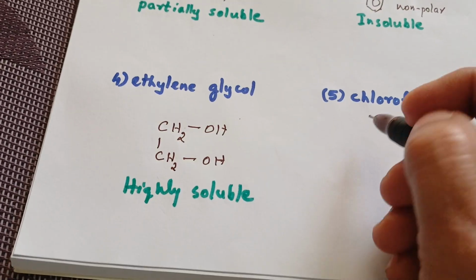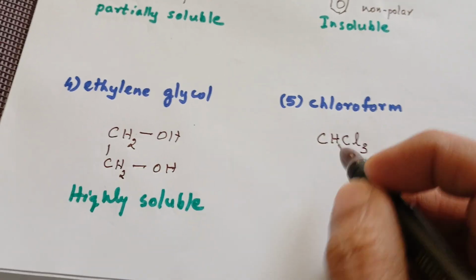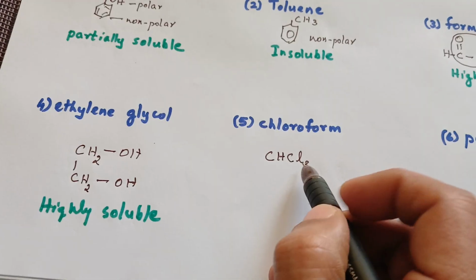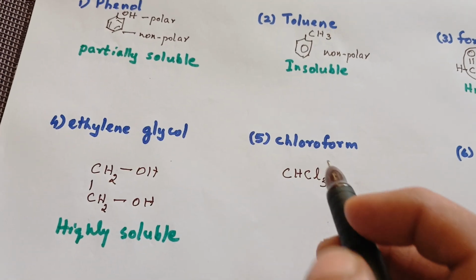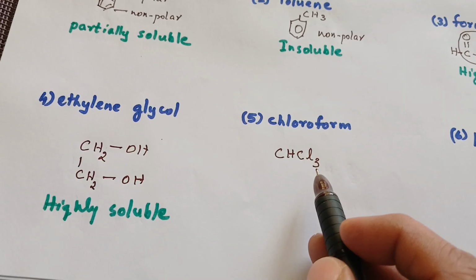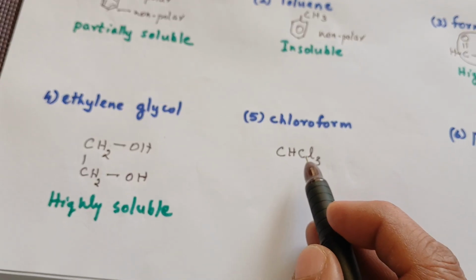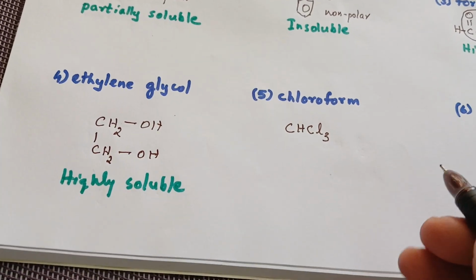Next molecule is chloroform, CHCl3. There is slight polarity here also because of the electronegative nature of chlorine. But when chloroform is put in water, we can see that the attraction between the chloroform molecules and water molecules is not that great.